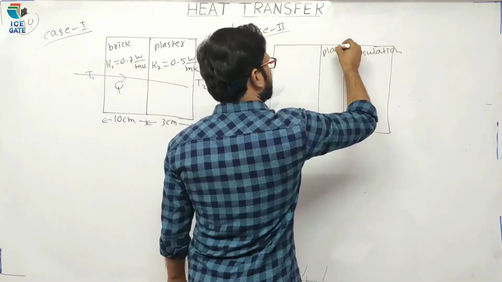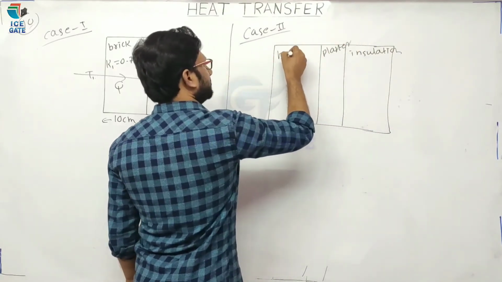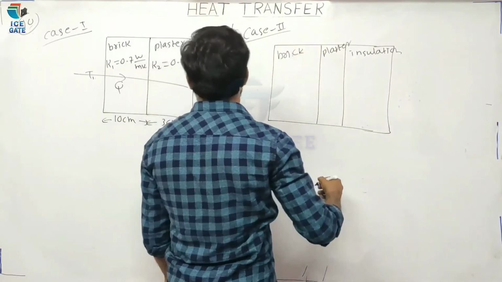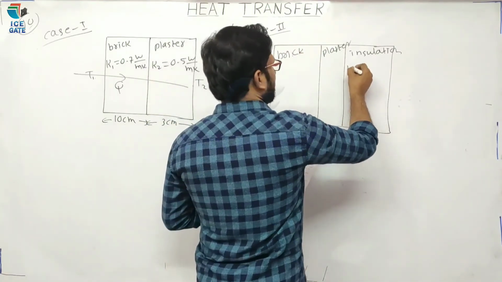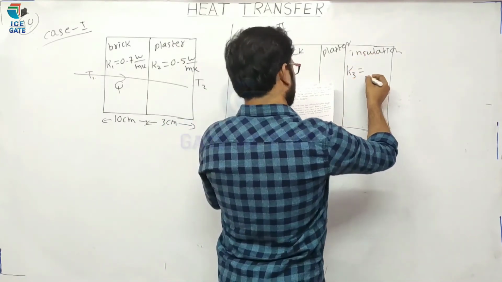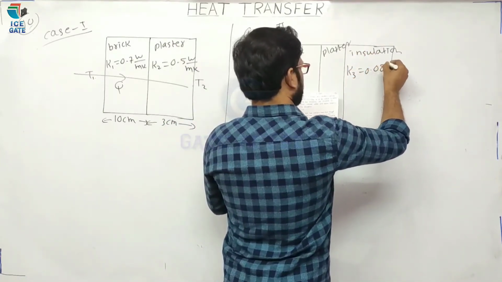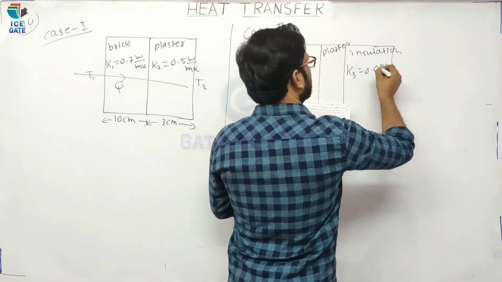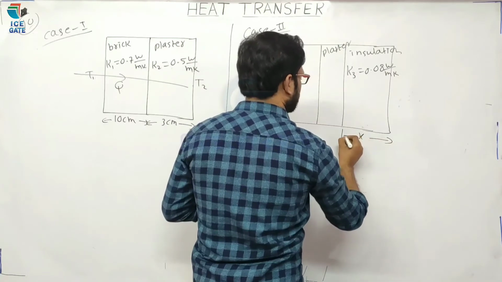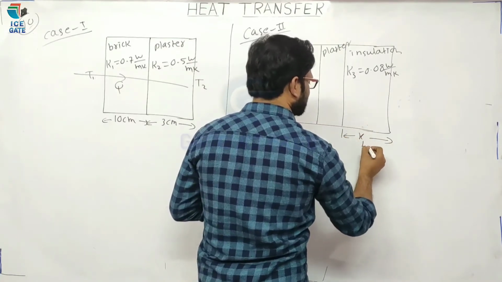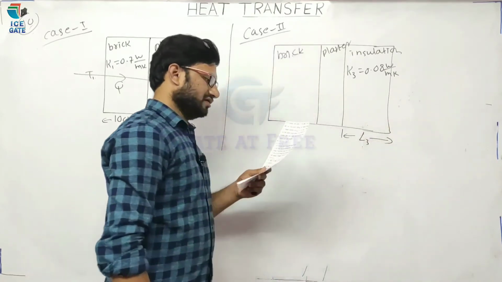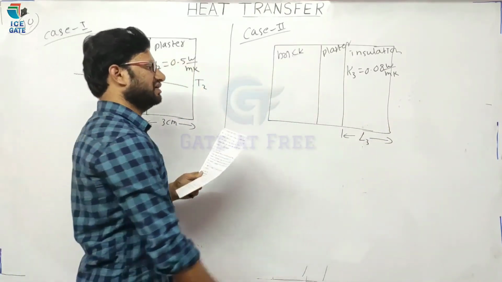This is plaster and this is brick. The insulation thermal conductivity, say K3, is given 0.08 watt per meter Kelvin, and thickness we have to find out. Take it as L3. Now we have to find out the thickness of insulation.